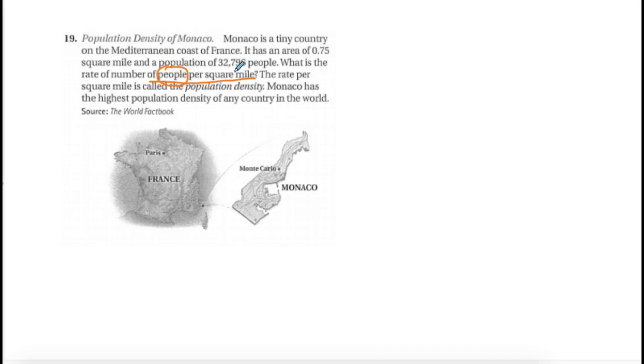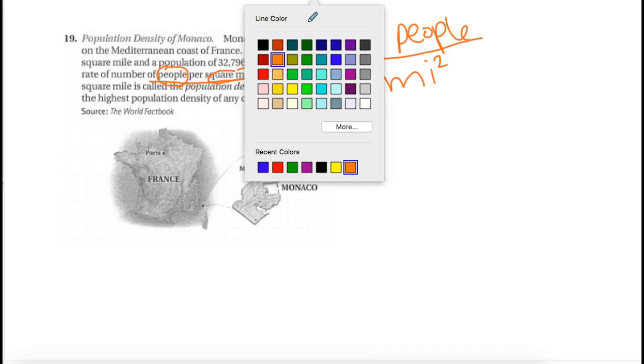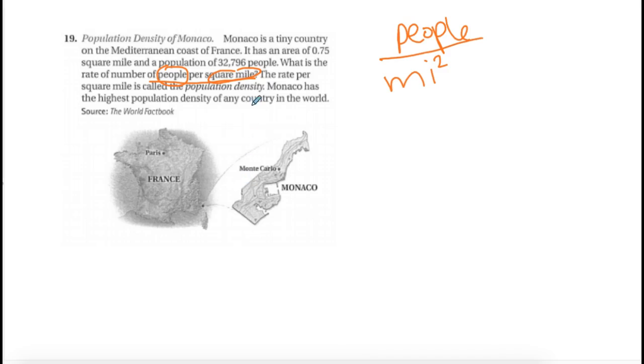People is first, square mile is second. So I have people per square mile. Sometimes you'll see it written like this, or you can write out the words square mile. I'm going to change my color, and I'm looking for where is the word people. Here's the word people. This must be the number associated with it.